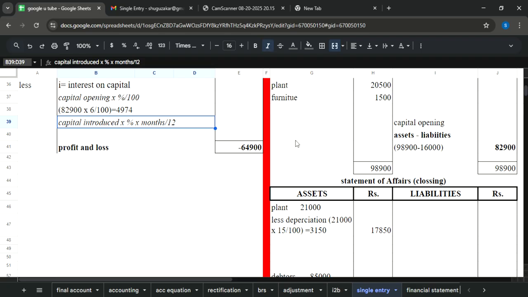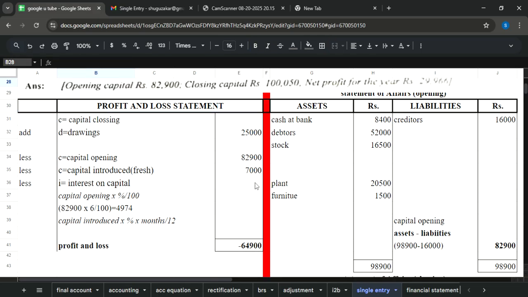Now second interest. Read this formula. Capital introduced is needed. And you see that our capital introduced is present over here, 7,000. Write down 7,000 interest on capital, then multiply. Read formula. Percentage is as usual 6%. And then read formula. Multiply months over 12. Come back.